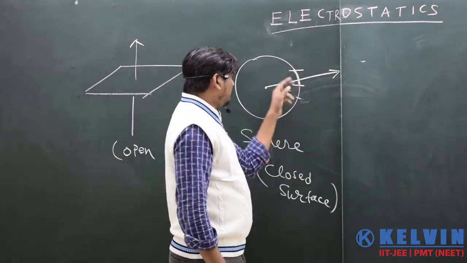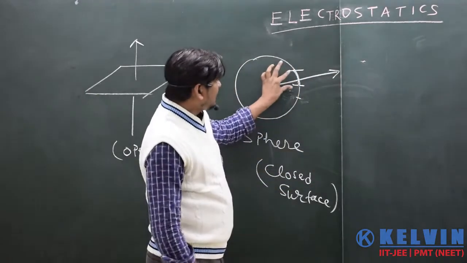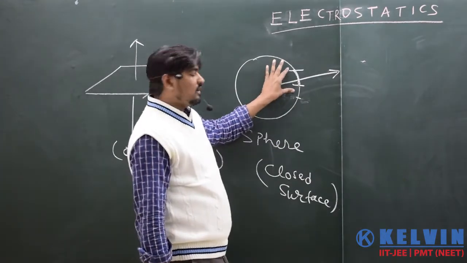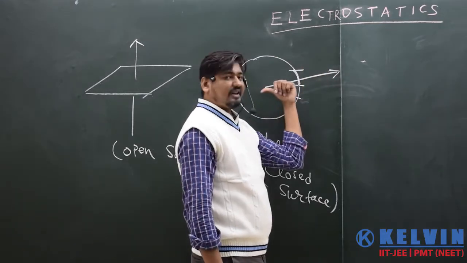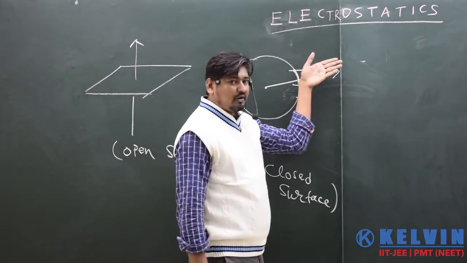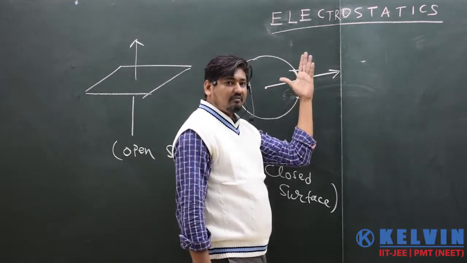Now this normal at this particular point can be taken in this direction or in this direction. This is called the outward direction of the normal, and this is called towards the center or the inverse direction of the normal.